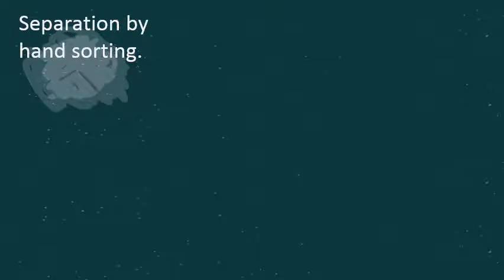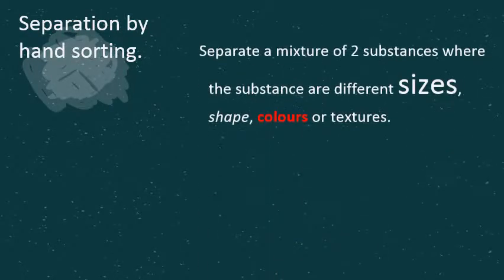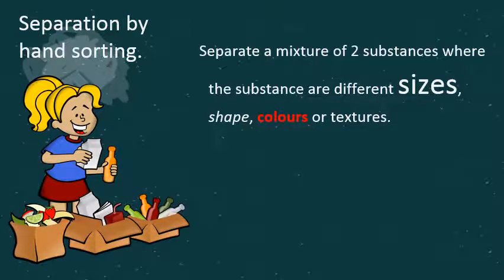Separation by hand sorting. Separate a mixture of two substances where the substances are different sizes, shapes, colors, or textures. So there's a girl with 3 boxes.